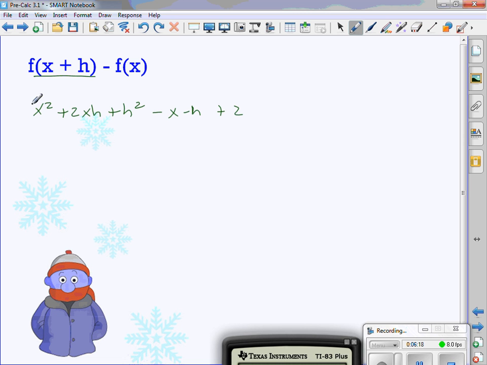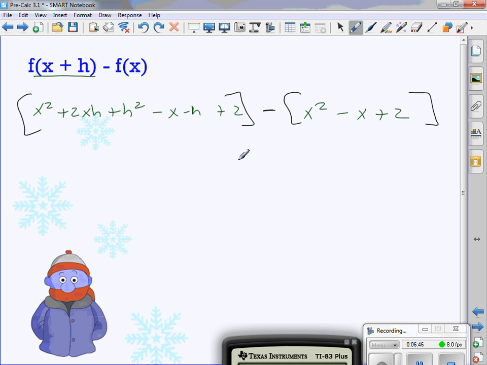So I have this minus, what's f of x? X squared minus x plus 2. We already did this from the first piece. All I did was tack on a minus f of x. And f of x means x squared minus x plus 2 for this problem.